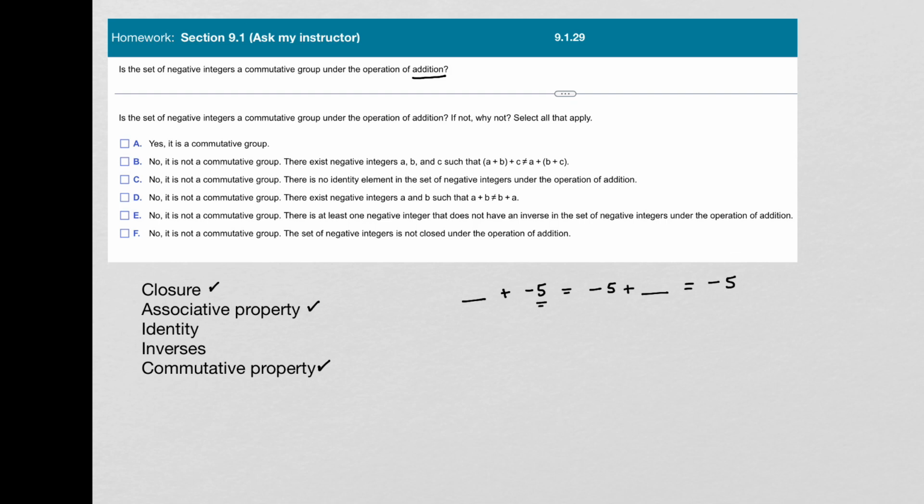So we want this to be the same in each of those places. So what number would that be true for? Well, when we're working with addition, the identity element is 0. But the problem is that 0 itself is not a negative integer. So we do not have an identity element.